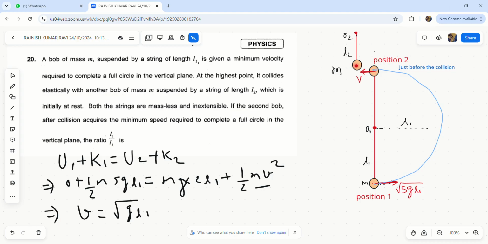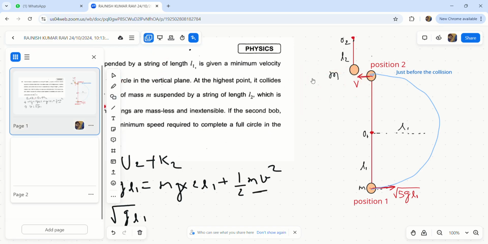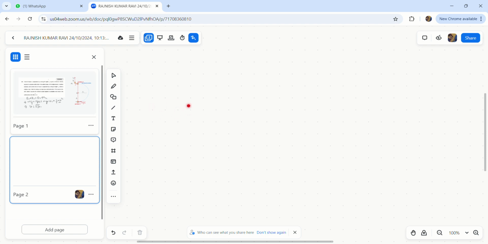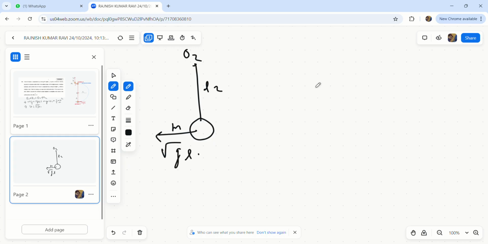So just after the collision, the mass suspended with the string of length L2 from O2 will move forward with a speed of under root gL1.